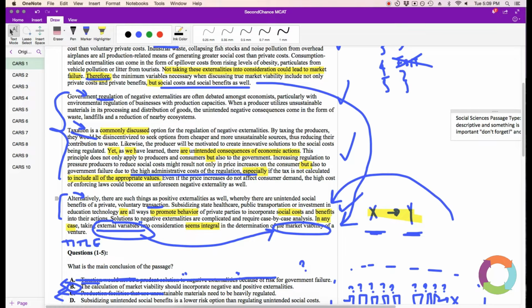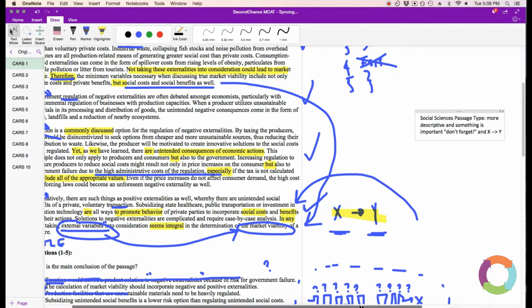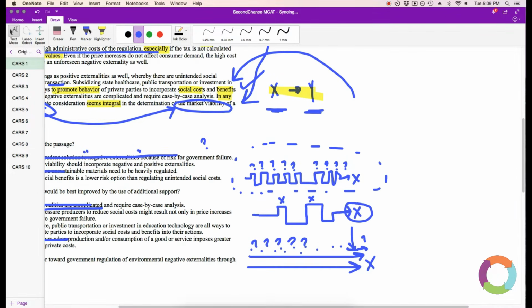So whether or not certain variables are taken into consideration, that's going to determine the market viability of a venture. And so already from the first sentence that I read, I understand the point of the passage. I understand the direction that the author is trying to take this passage in.